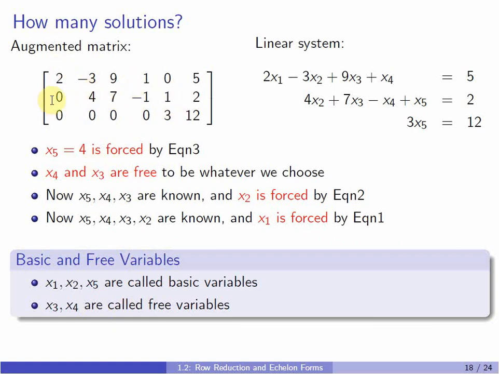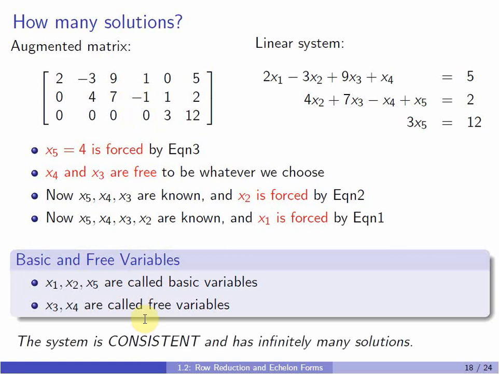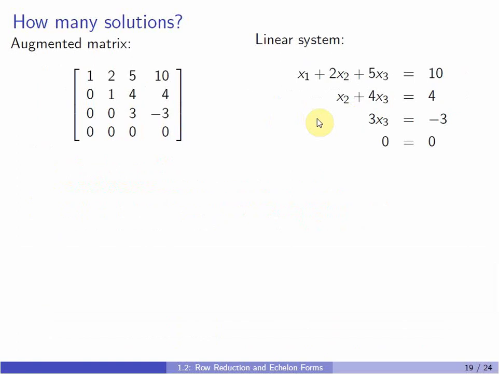Right, so this is the column for the first variable x1, here's a column for x2, here's a column for x3, column for x4, column for x5, and the column for the constants. And every column that is a pivot column, right here, first column, second column, fifth column, those correspond to the basic variables, and then the non-pivot columns, in this example, the third and the fourth columns, those are the free variables. It works out very nicely. Okay, so just to finish, this system is consistent and has infinitely many solutions.